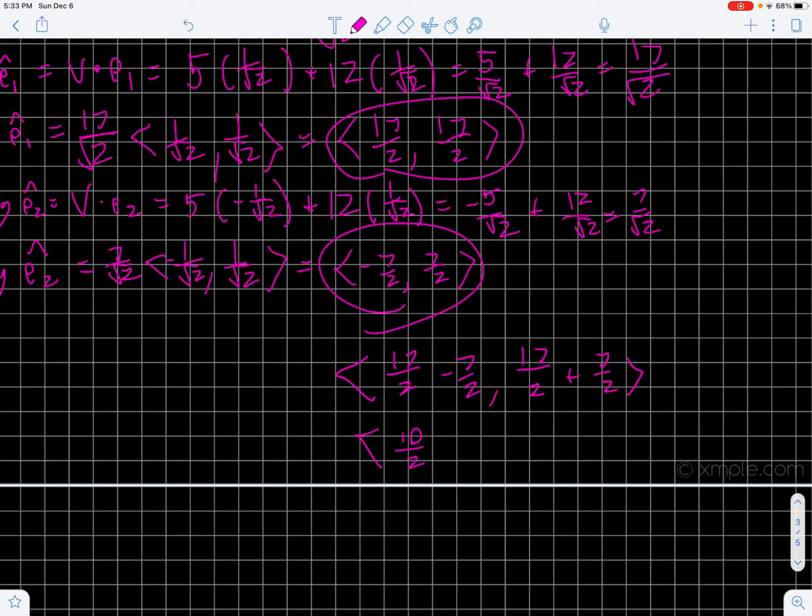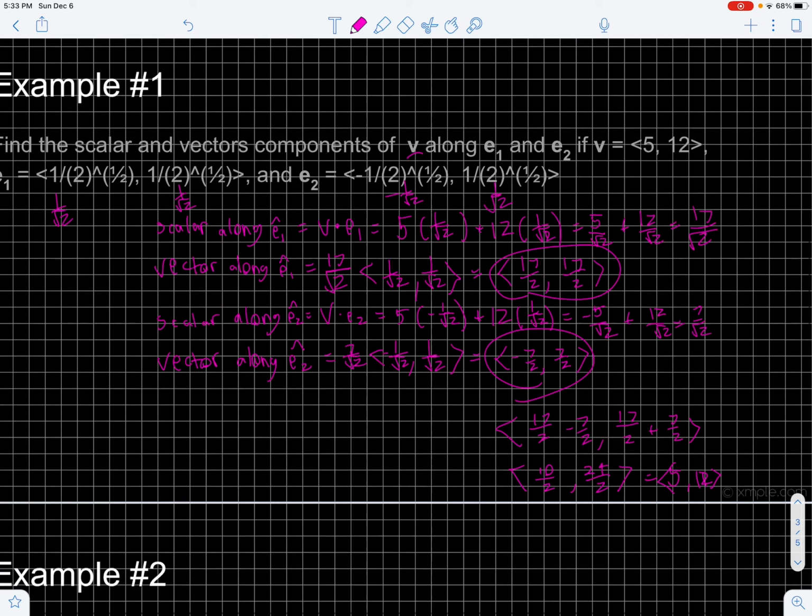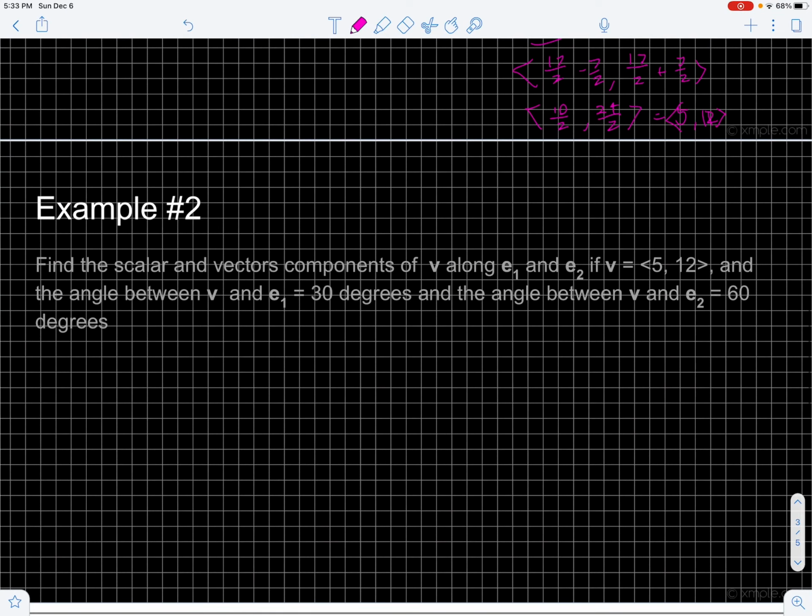That gives us 10 halves, 24 halves, which equals 5, 12, which is our original vector. Boom. Easy enough. Onwards.